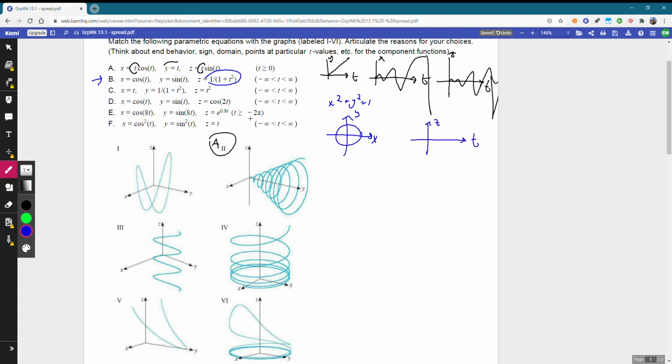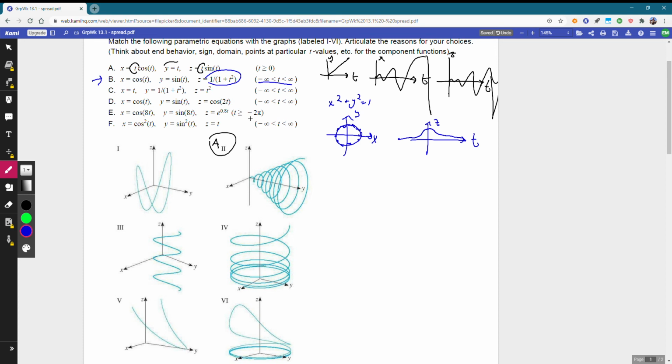And so as we plot that with respect to t, this is going to have a horizontal asymptote at 0, and at t equals 0, this will be 1 over 1. And so it'll start at 1 and then crunch on down to 0 on either side. And so we're looking for something where at different t values, x and y are just moving around the unit circle, and z is at most 1 and then kind of pulling down to 0 as t goes to infinity or minus infinity, which we are considering everything.